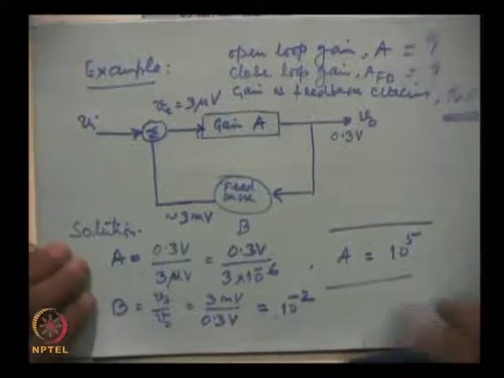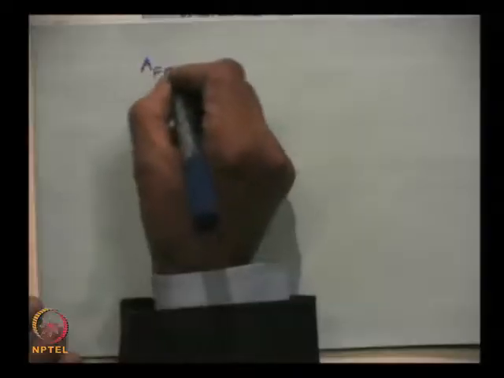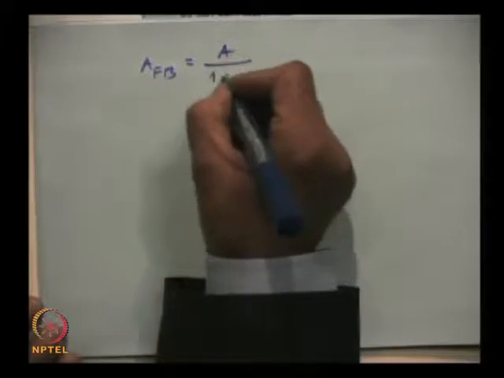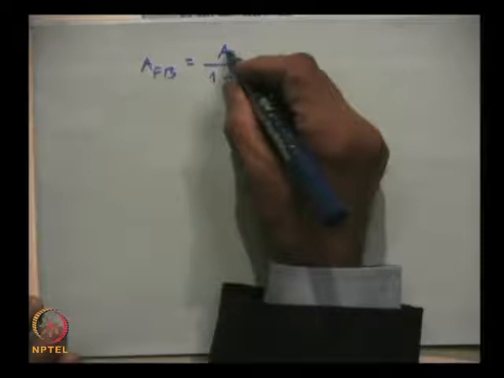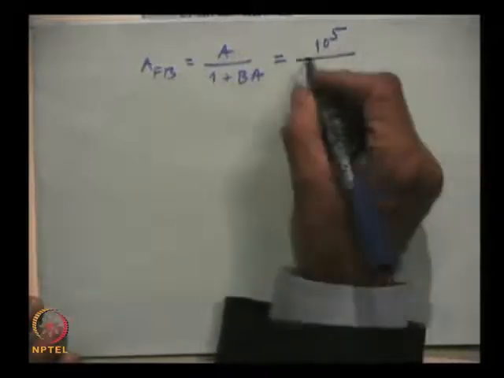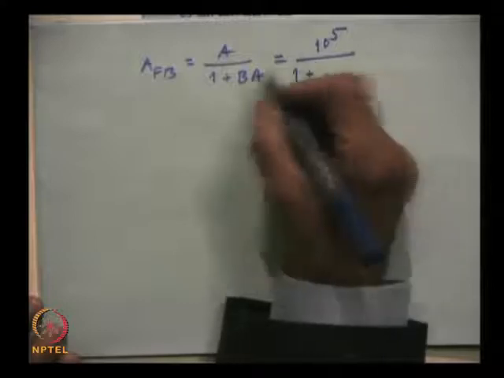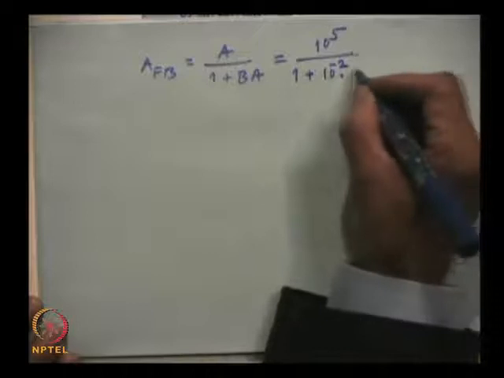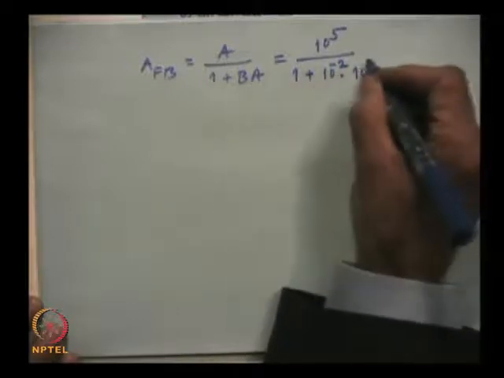So we have got the value of A as 10 to the power 5, and B as 10 to the power minus 2. Now we use the basic relation AFB equal to A by 1 plus BA. This is open loop gain 10 to the power 5, divided by 1 plus 10 to the power minus 2 into 10 to the power 5.